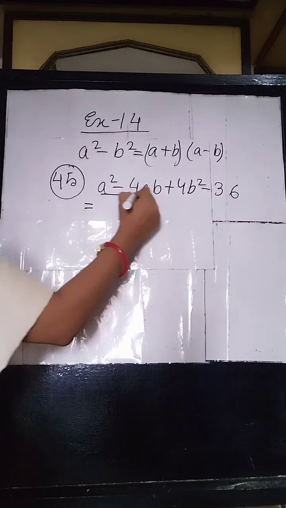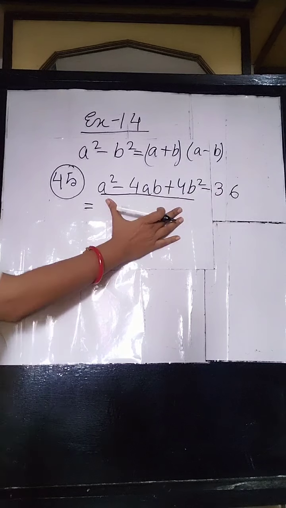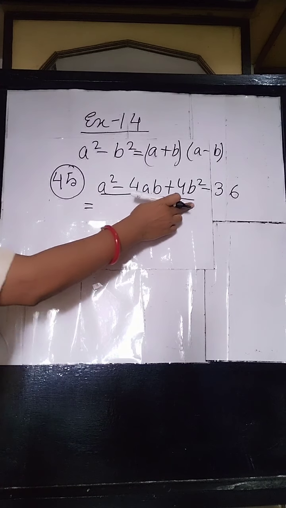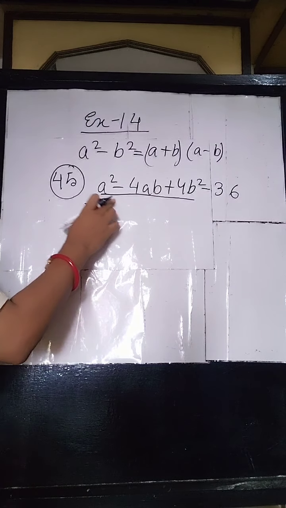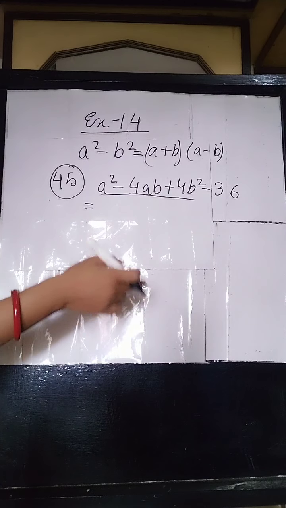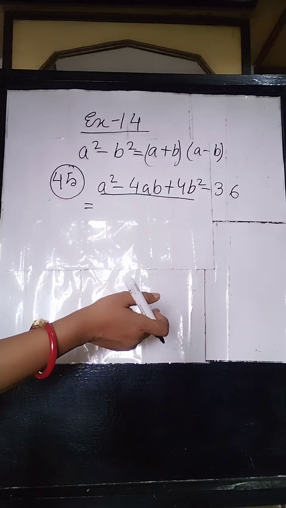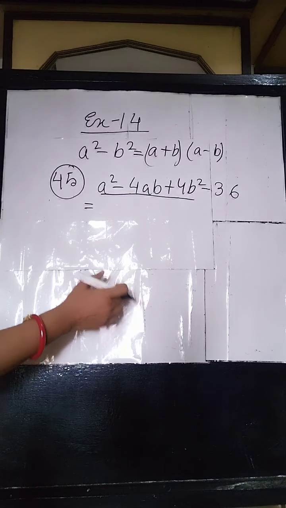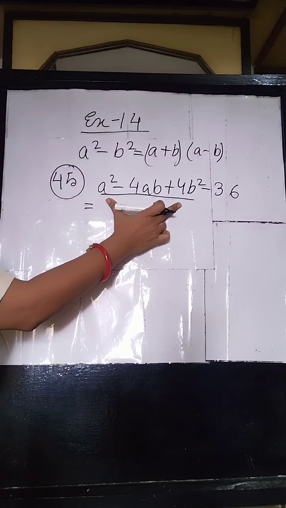So look at the first 3 terms. You can easily relate these first 3 terms with the formula a minus b whole square is equal to a square minus 2ab plus b square. See, a square minus 2ab plus b square.